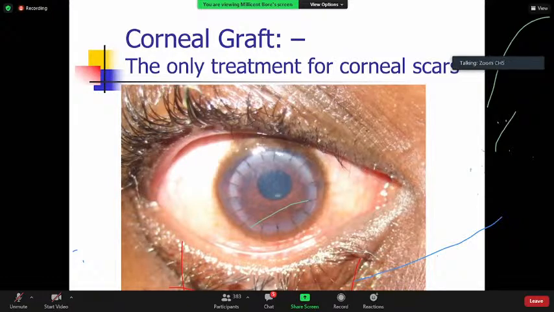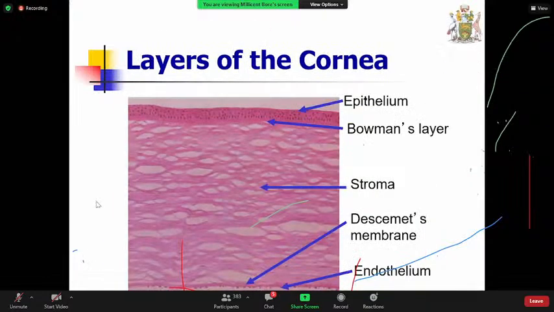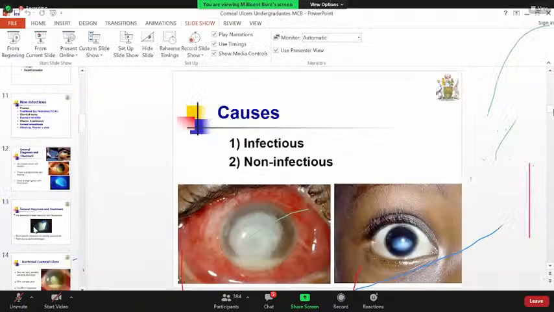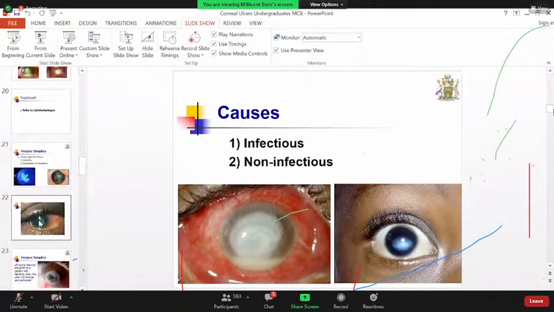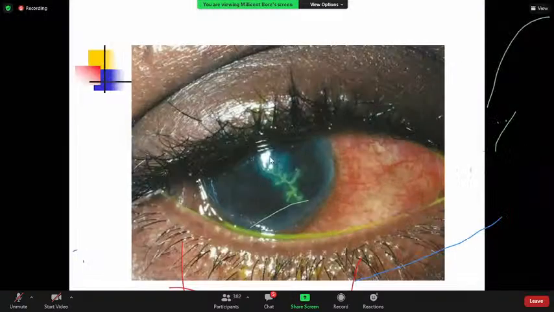Kindly clarify the herpes zoster and simplex appearance on the fluorescein stain.